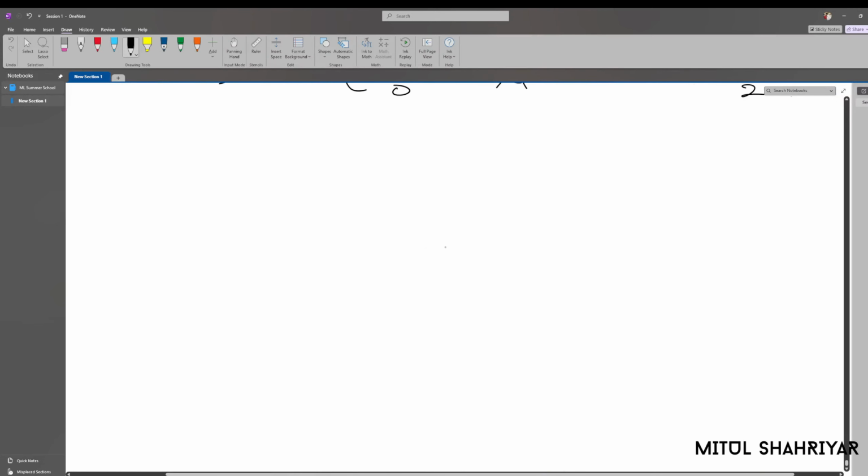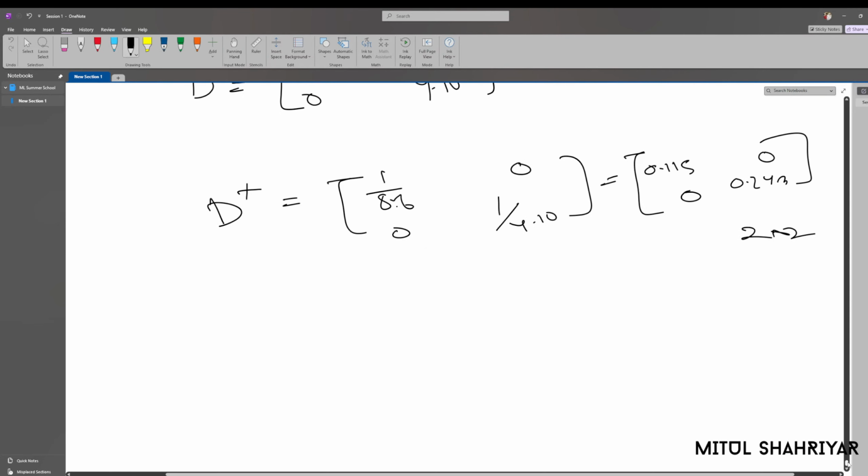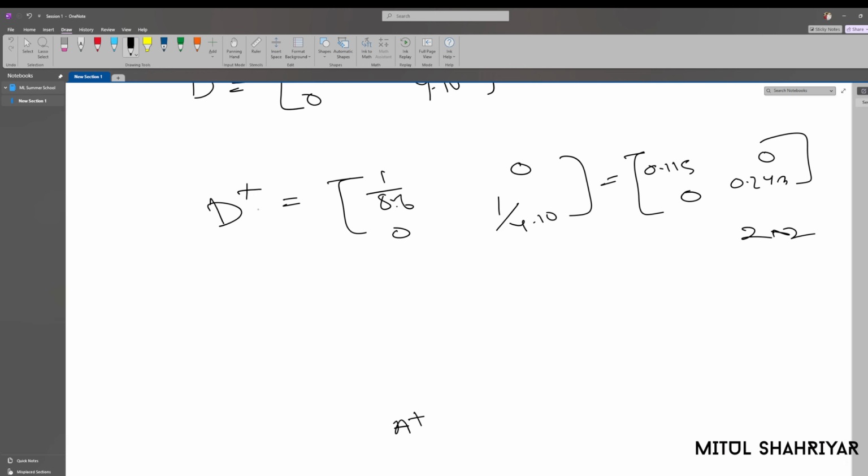So this is what we are trying to find. So we want to get A pseudo inverse, but prior to that we have to multiply with V, and then D pseudo inverse, and U transpose, right?